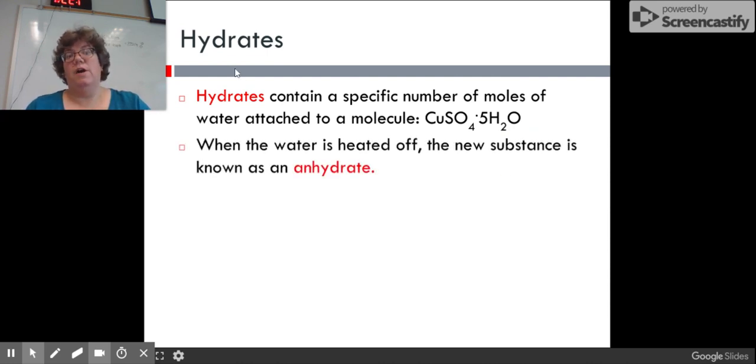That's why they say when you're hydrated, you're drinking enough water. That's where that word comes from. Anyway, when you evaporate the water, the new substance is known as an anhydrate. That means without water, not hydrated, right? So we've evaporated off the water, then the compound is called an anhydrate.